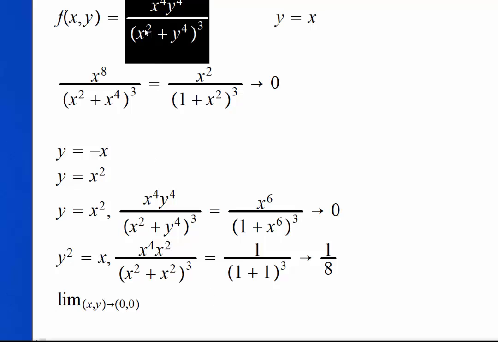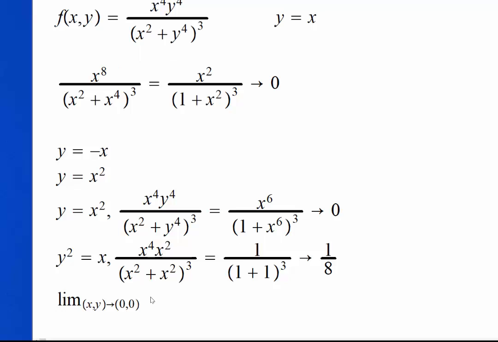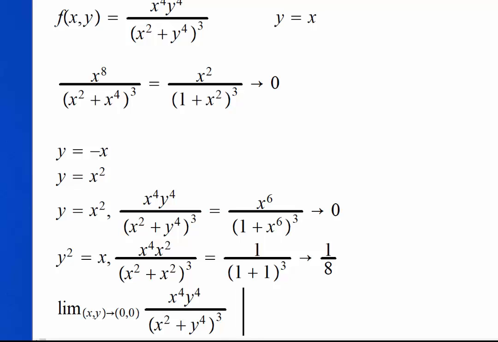Okay, so we will just write this here. It doesn't exist, and it doesn't mean that all the limits won't exist. That is, we will see other examples, and we have seen other examples in which limits do exist. Okay, so just post the questions in the discussion area. All right.